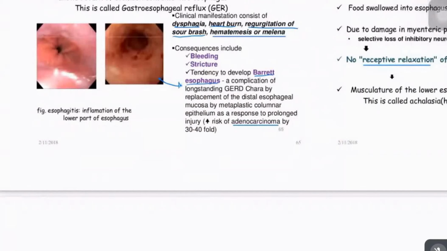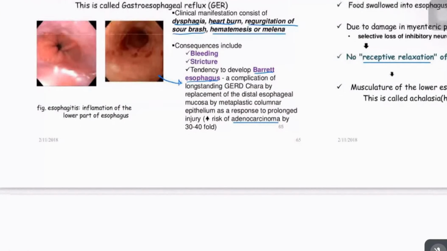Okay? Your Barrett esophagus is a complication of your long-standing GERD. So by your GERD or Barrett esophagus, there can be a high risk of adenocarcinoma, by 30 to 40.